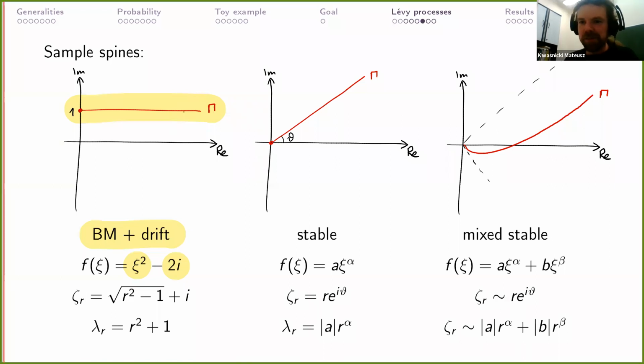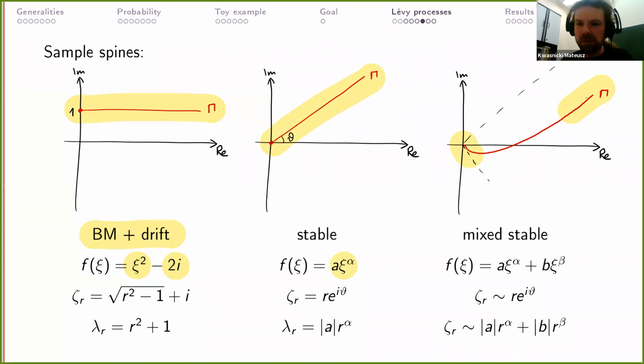So if we consider stable Lévy processes, then the corresponding Fourier multiplier is just a power function multiplied by a complex constant A in the right half plane. It's different in the left half plane. And the spine is, well, again, a straight line. If you add two operators of that form, one of them will dominate locally and the other one will dominate globally. So the spine will be more complicated.